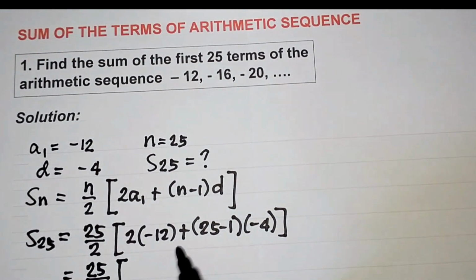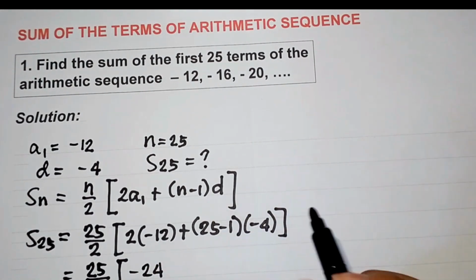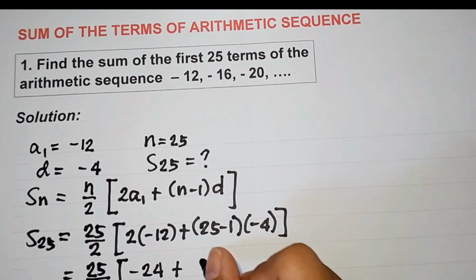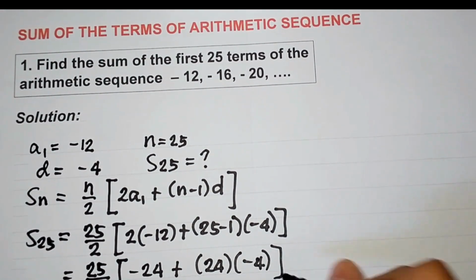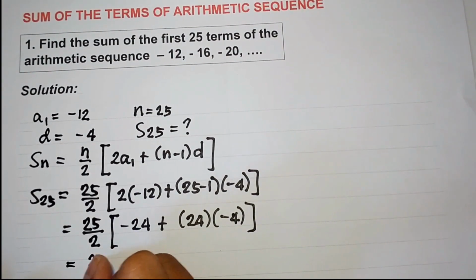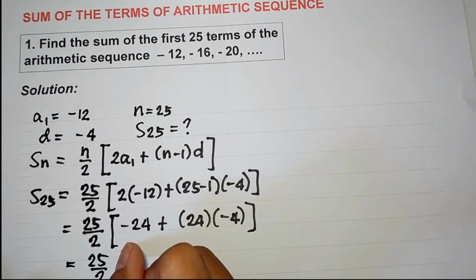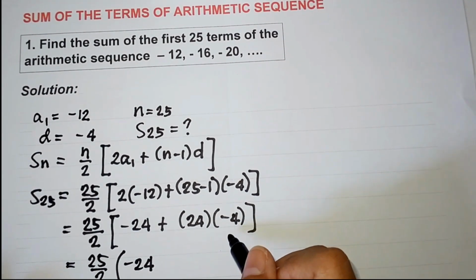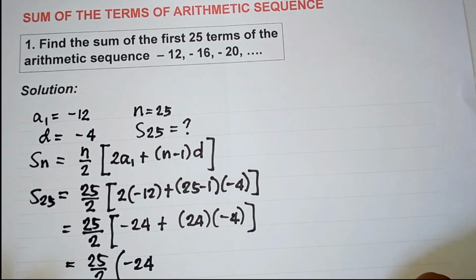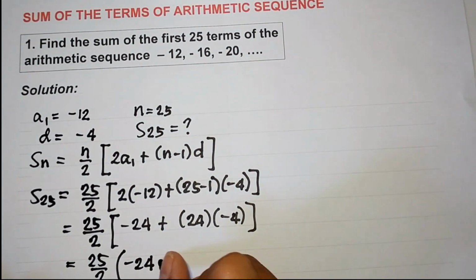2 times -12 is -24. Then plus 25 minus 1 is 24 times -4. Then just copy 25 over 2. This is -24. Then 24 times -4 is -96.